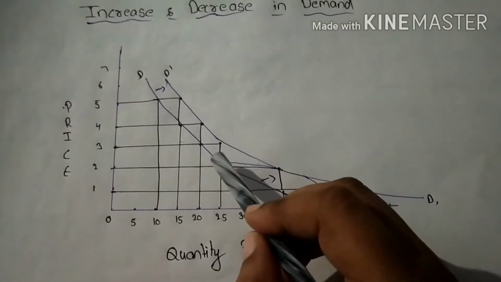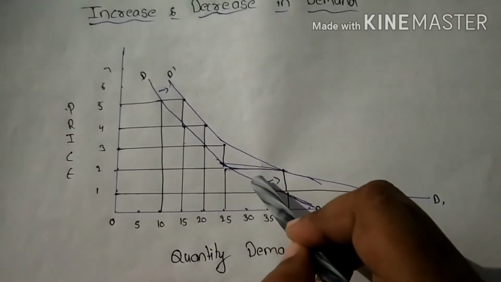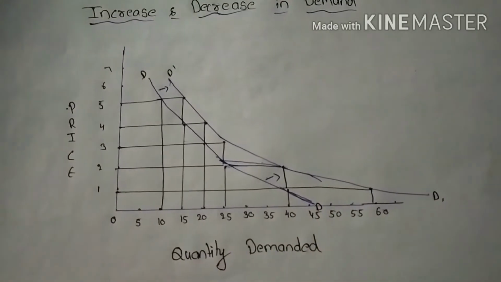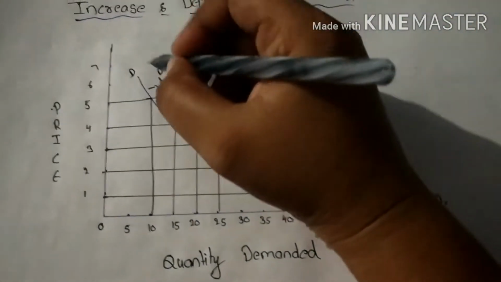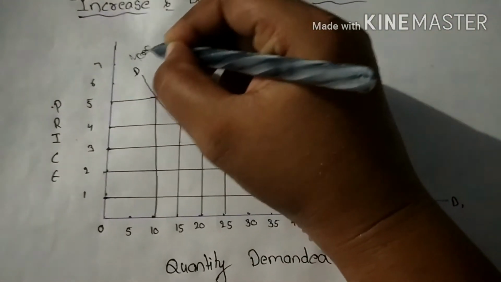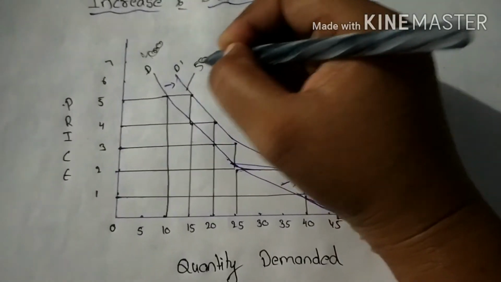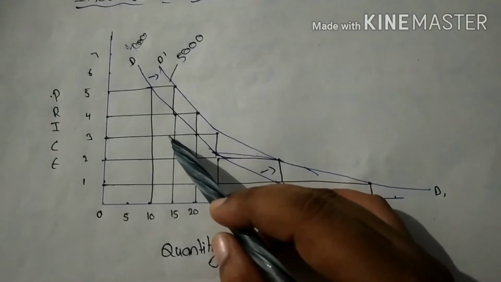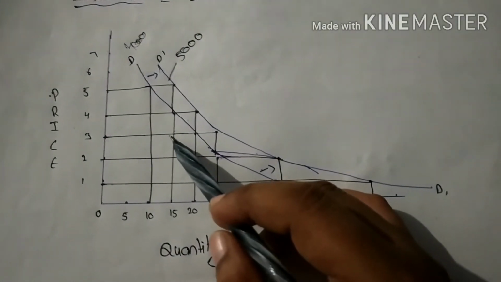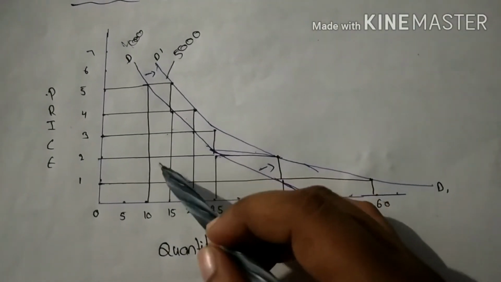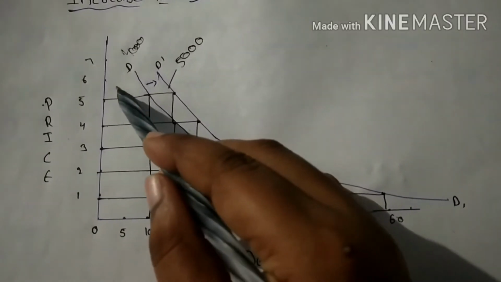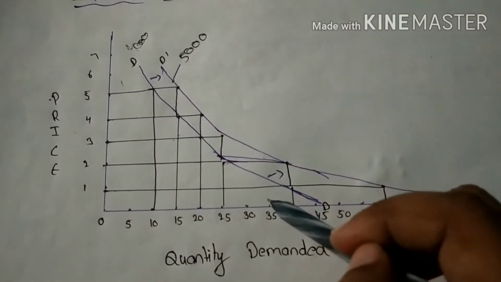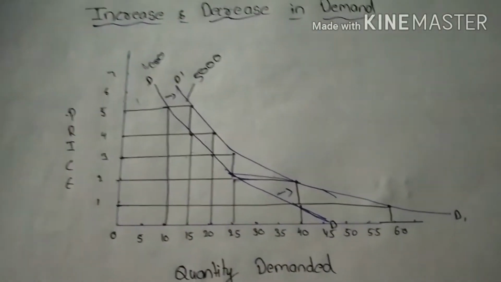Suppose the income was 4,000, then it became 5,000. If suddenly the income decreases to 3,000, then the quantity would also decrease. Then it leads to decrease in demand.